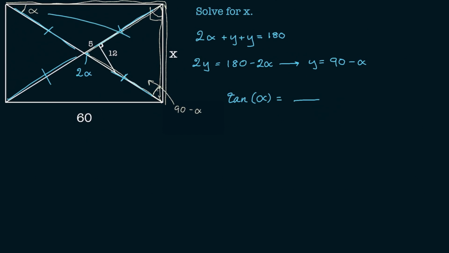So, in this case, the leg opposite alpha has a measure of x, and in the denominator is going to be the measure of the leg adjacent to the angle. So, in this case, the leg adjacent to alpha has a measure of 60. Alright.